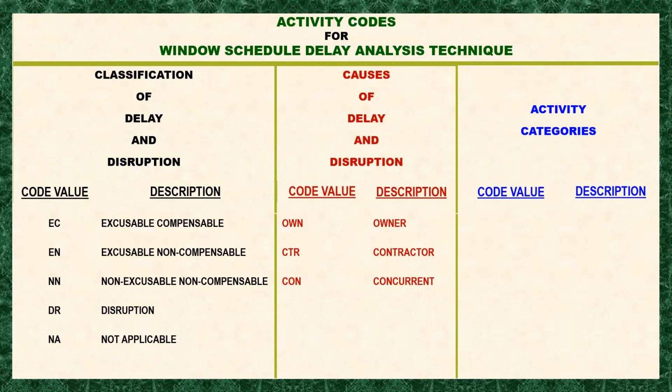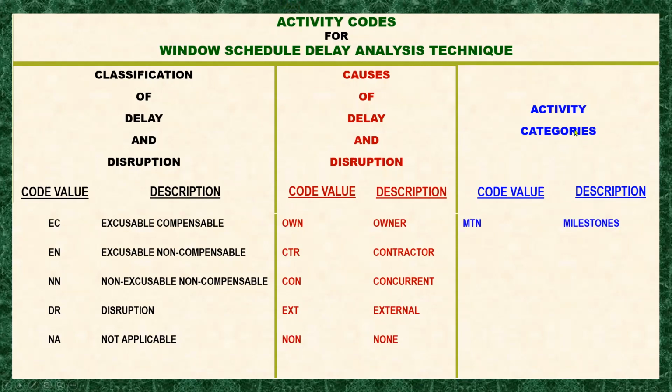And EXT is the external. Neither the owner nor the contractor will be blamed for the delay, because this is mostly an act of God, like a typhoon, earthquakes, heavy rain, floods, and so on. NON is for none.